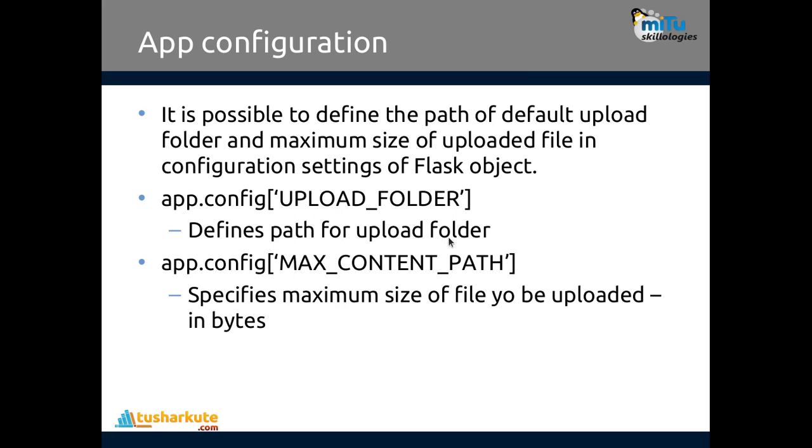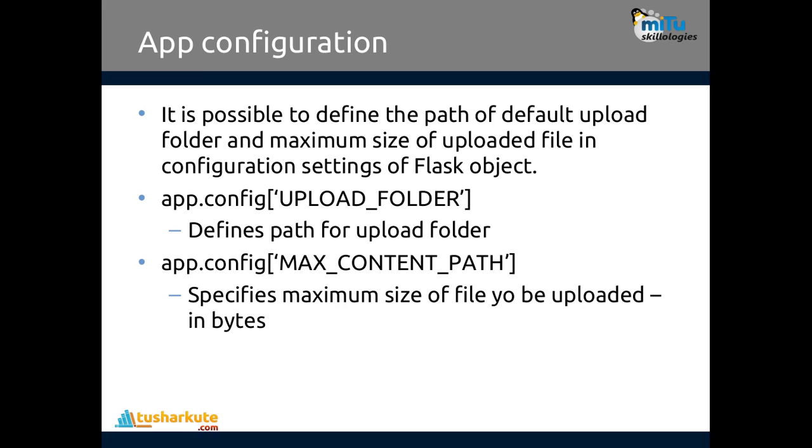We define the upload folder, meaning the folder in which you have to save this file. By default, wherever the server program is running, in the same folder the file will be uploaded. As well as we can make use of the MAX_CONTENT_LENGTH variable, which specifies the maximum size of the file that you upload in bytes. But it is required only in specialized cases, and at that time you have to use this one.